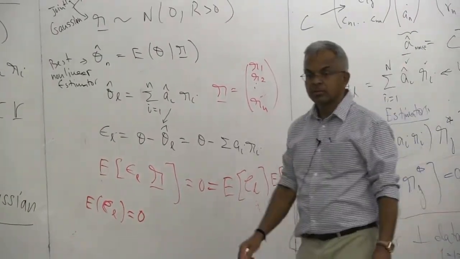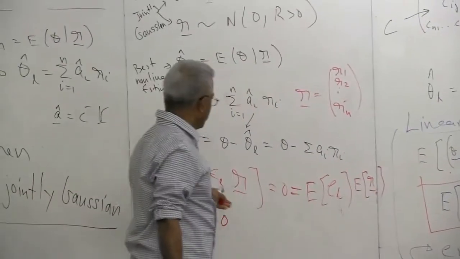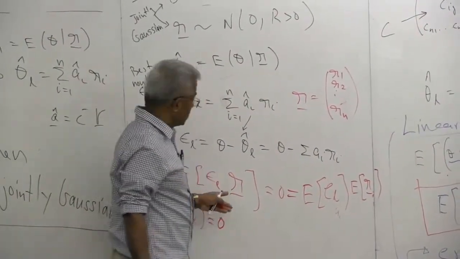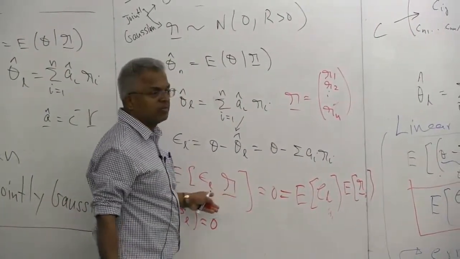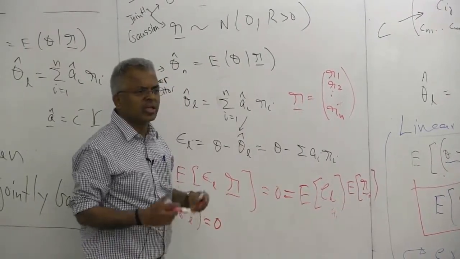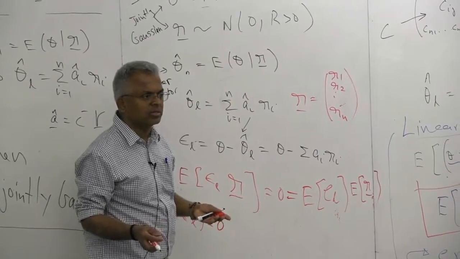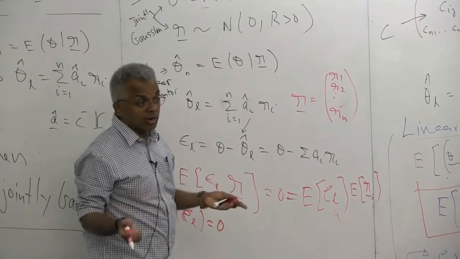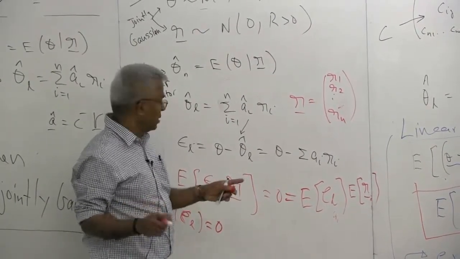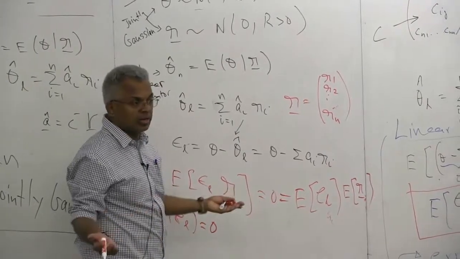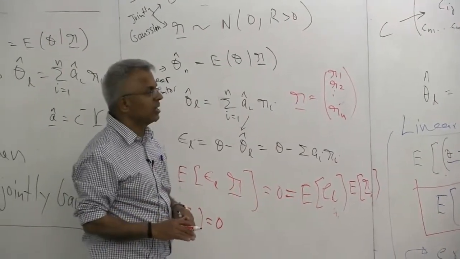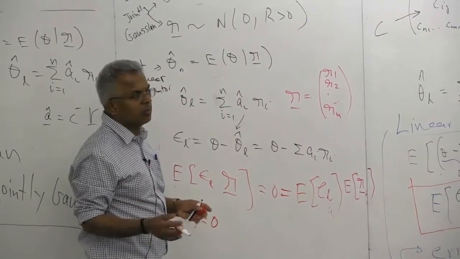Yes? So what do you call this property? If two random variables have expected value of xy the same as expected value of x multiplied by expected value of y, what do you call that? Uncorrelated, right? But epsilon and R are Gaussian. So uncorrelated is the same as, all right, you happen to be right.